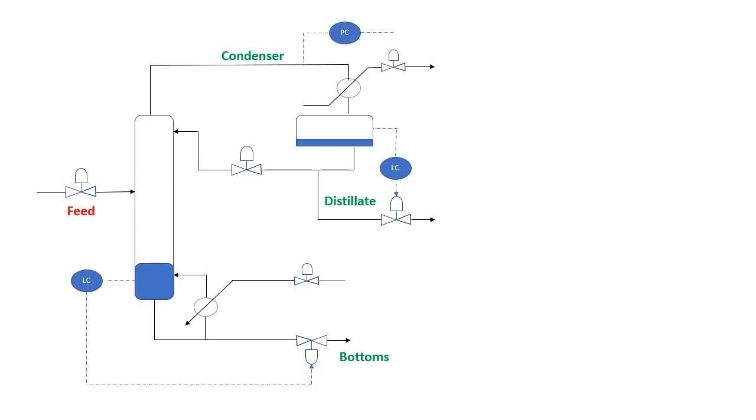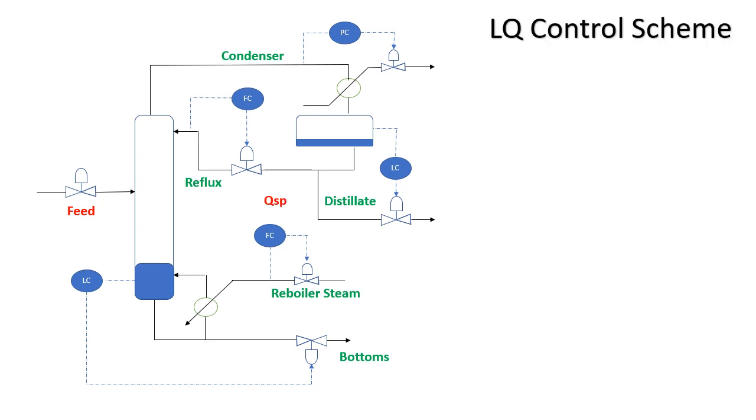So these are the three things that we at least want to control for a distillation column. Additionally, to achieve better control, we will be controlling the reflux flow, and also we want to control the reboiler flow, so the reboiler steam flow.